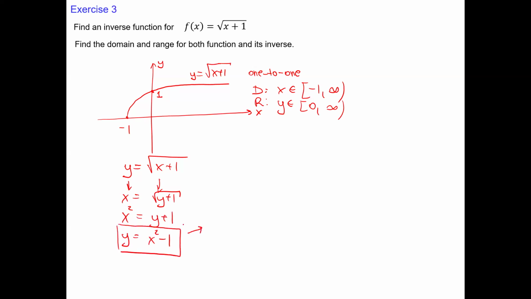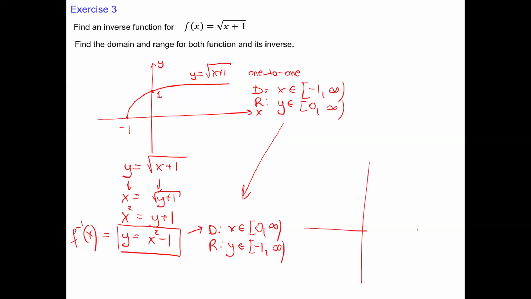But what is important, and this is the inverse, I can say inverse function, but the domain will be just positive numbers. Yeah, I have to interchange those. And the range will be defined from -1 to infinity.